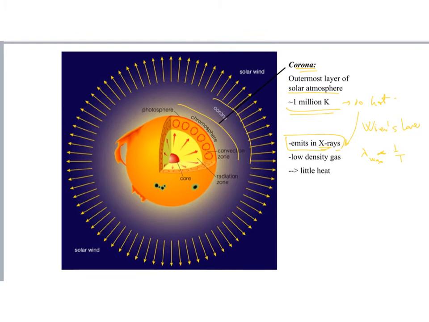So it's very hot, but it's very, very low density. So basically, as a consequence, there is very little heat. You basically get hit by one of those charged and very energetic particles every once in a while. All right, so very little heat.